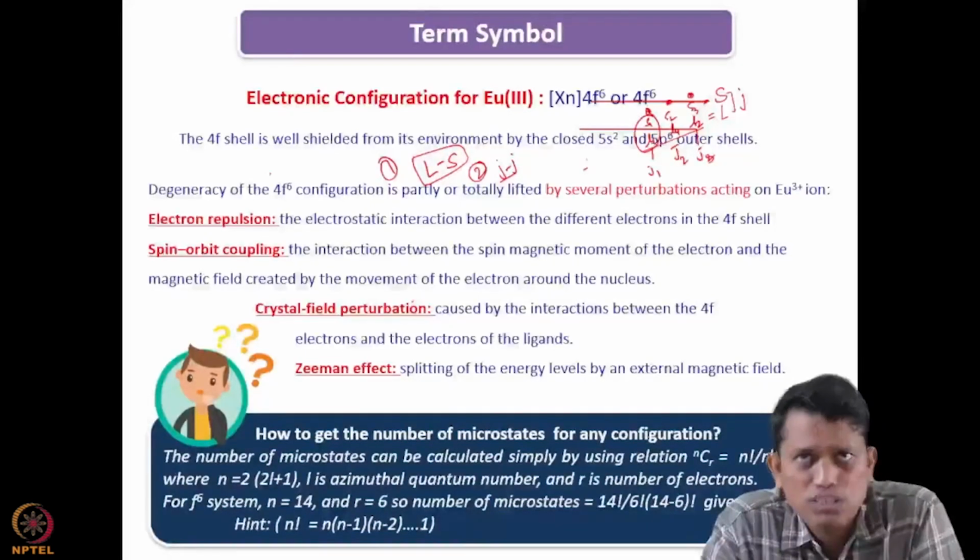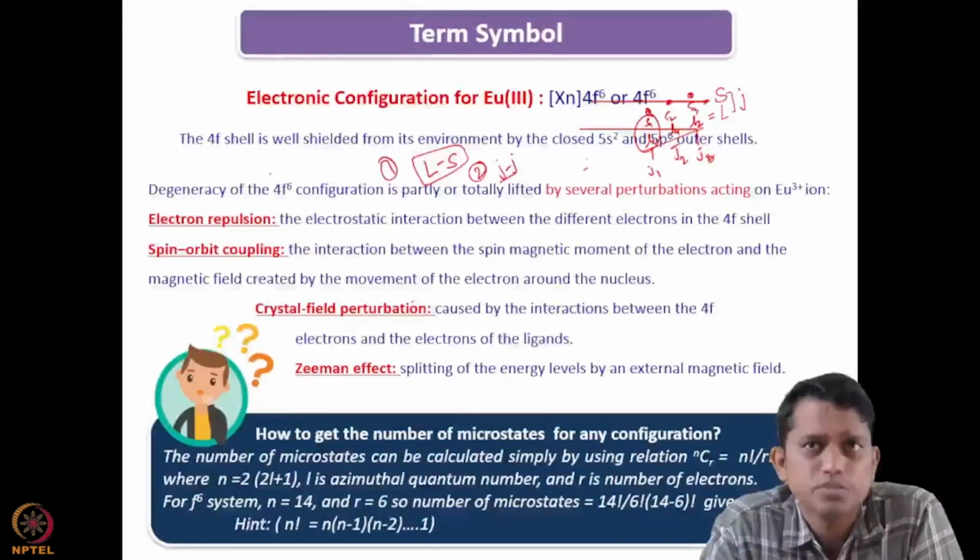But we'll mainly discuss LS coupling when using the term symbol, because this is the way we can always explain in a very simple way the electronic transitions happening in lanthanides and actinides. And this is enough for our understanding of actinide or lanthanide spectroscopy.